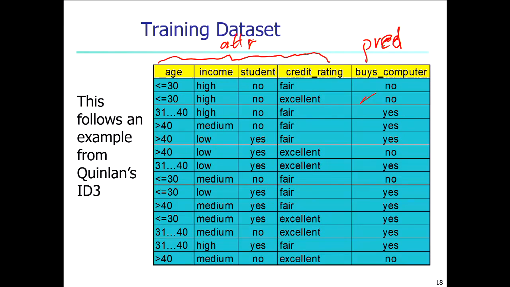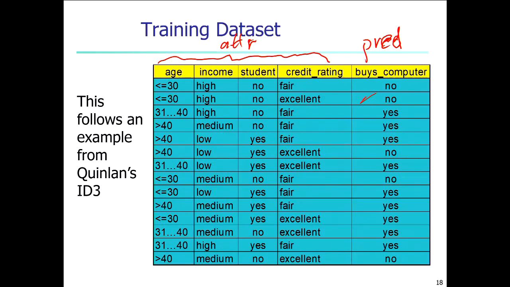For the prediction, we first consider just two different classes, yes or no. And we first assume all the attributes are discrete.